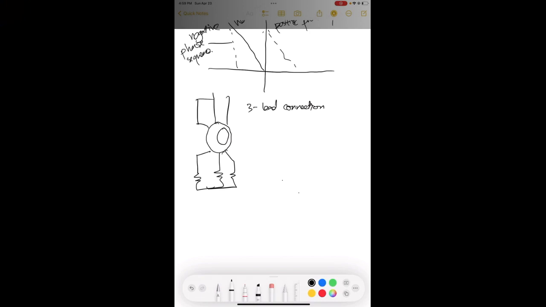Any inequality in the contact resistance in the connection of these two parallel phases will lead to a reduced braking torque. As one phase resistance increases, it tends toward the 2-lead connection, and when it tends toward the 2-lead connection, there will be generation of a motoring torque.